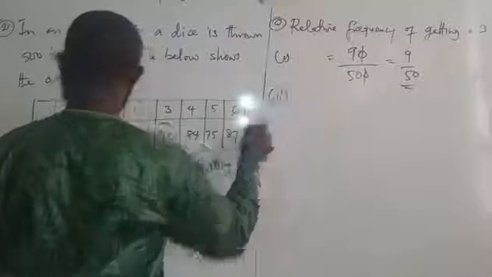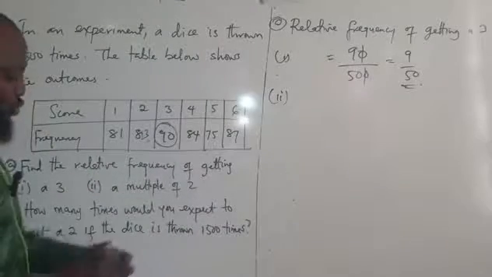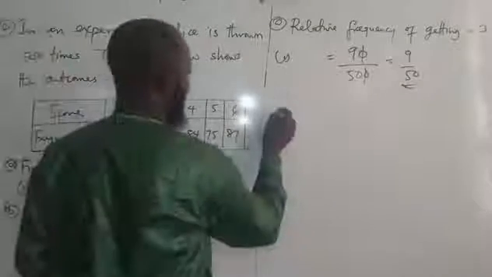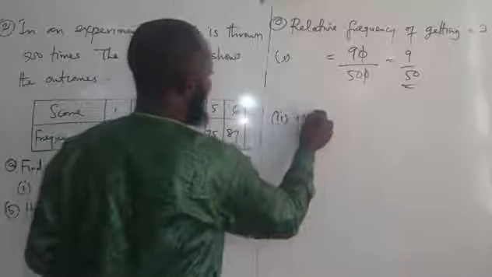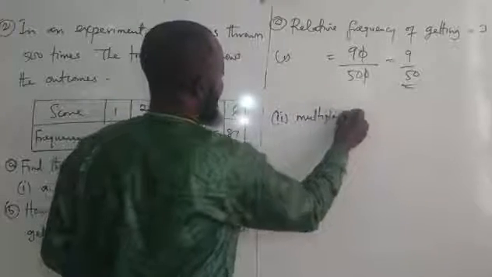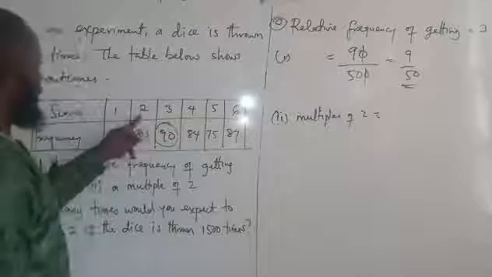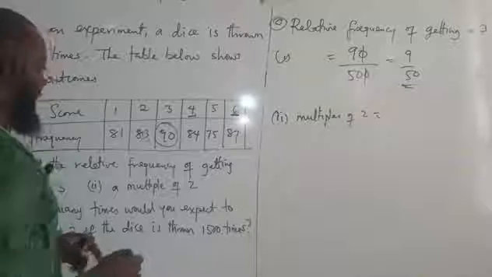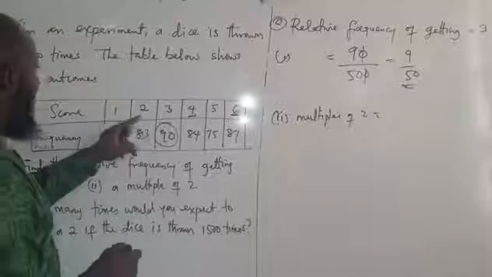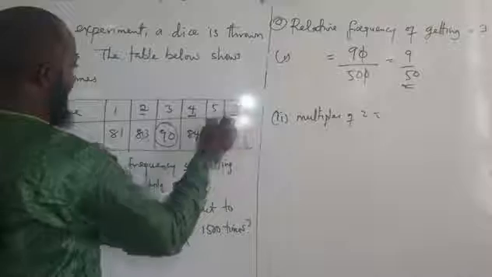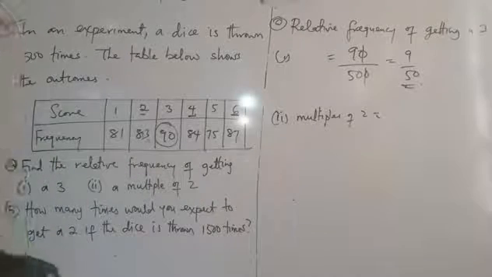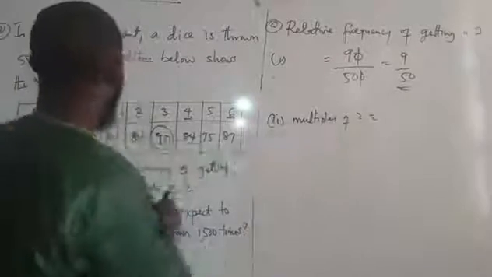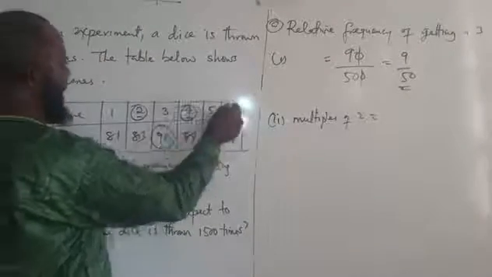So Roman figure 2, a multiple of 2. From what we have here, what are the multiples of 2 that we have? Multiples of 2. We have 2, 4, and what? 6. We have 2, 4, and 6. What will be the experimental probability of a multiple of 2? So we have 2, we have 4, we have 6.